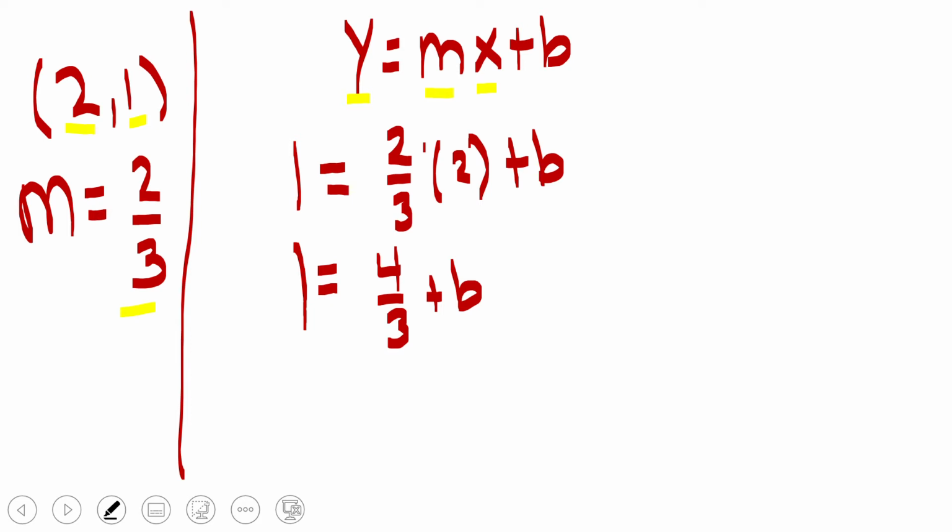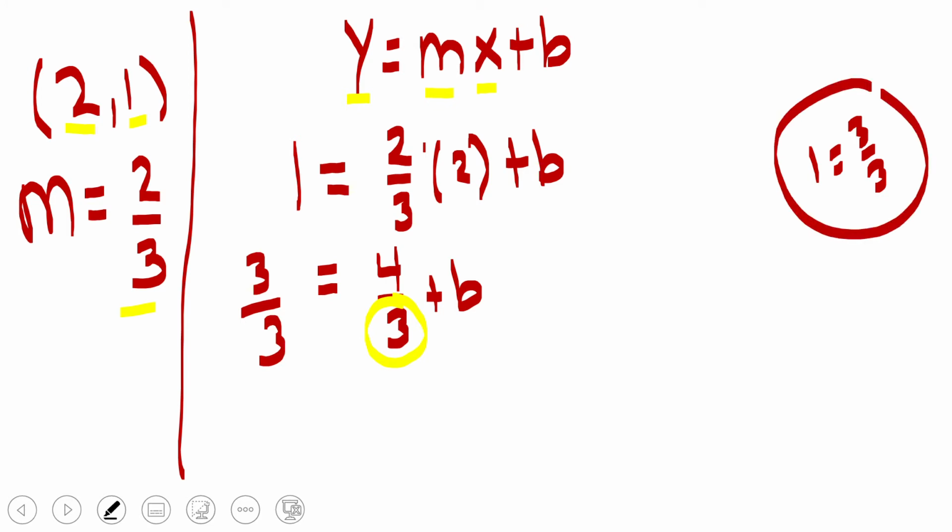Let's do some work in the margin. 1 equals 3 over 3. And we want to use that because it's the easiest denominator to rename 1 for in the purpose of this problem. So we're going to make 1 as 3 over 3 based on this idea in our margin.